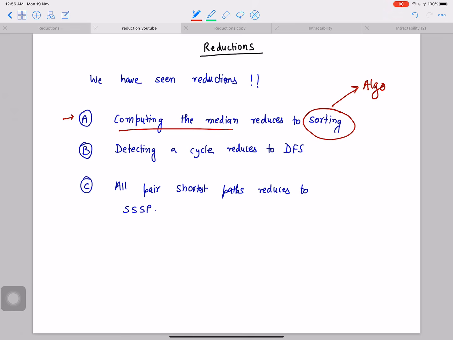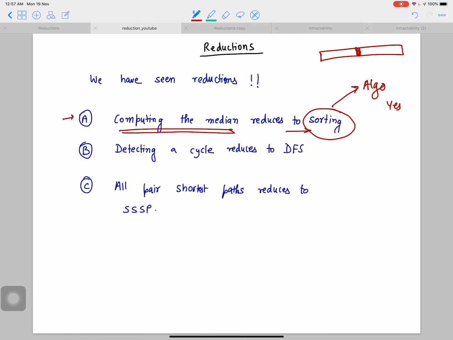The answer is yes, because you can simply take the sorting algorithm, sort your array, and output the middle term. So median is nothing but sorting in disguise. Computing the median can be reduced to sorting.